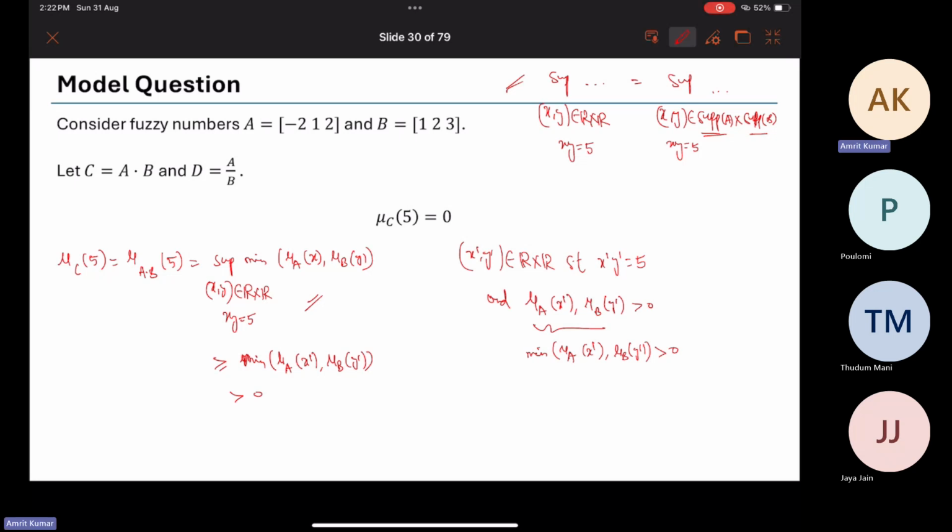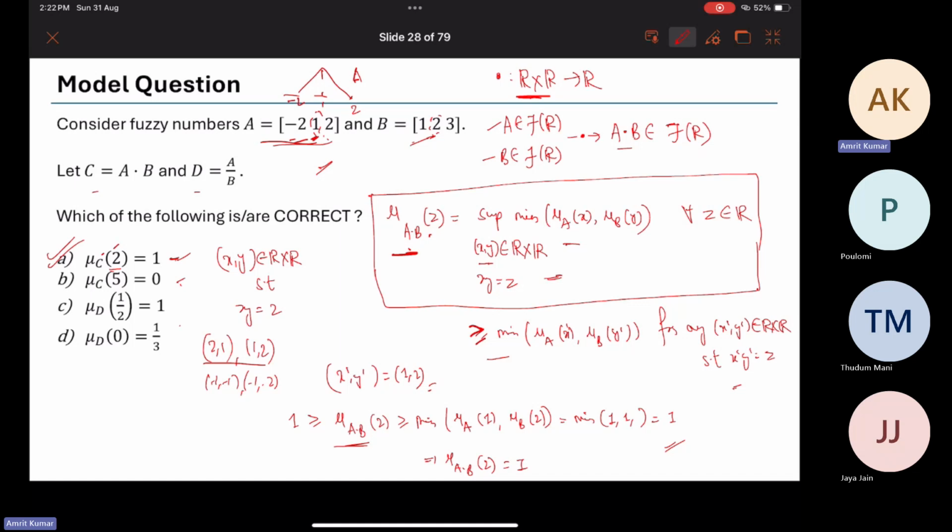So there are two classes of questions that you would often encounter regarding the extension principle when you are dealing with the product of two fuzzy numbers and the division of two fuzzy numbers. First is when the membership function is equal to 1, which is what option A and option C are about, and when the membership function is equal to 0, right?